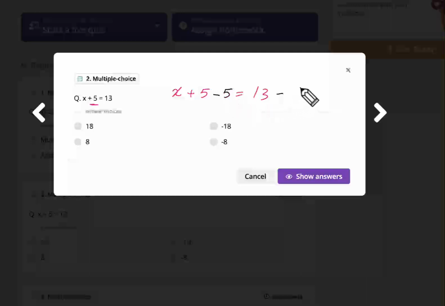So we subtract 5. In the left side, plus 5 and minus 5 undo each other, so we have left just x. And in the right side, 13 minus 5 equals? 8. So the correct choice is 8. Any problems? No. Okay, the same for all questions.